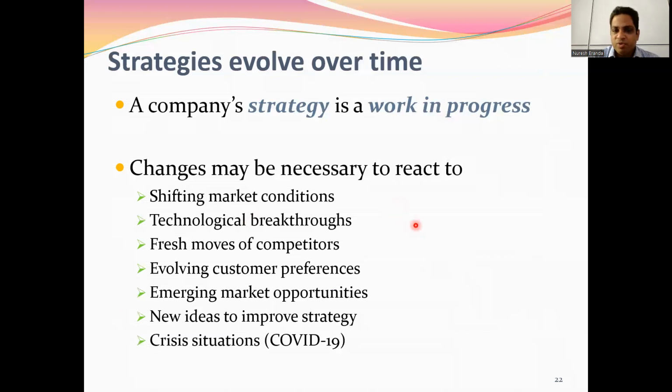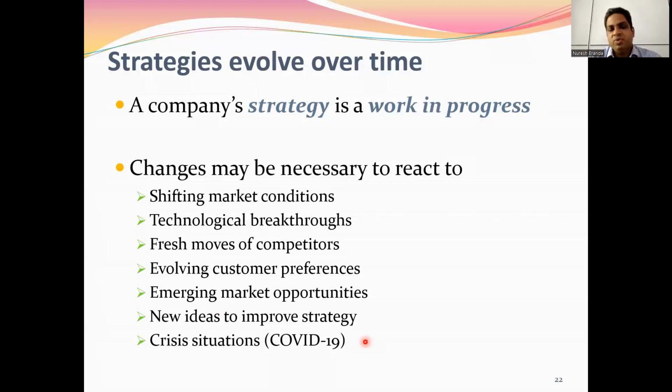And then fresh moves of your competitors, so they come up with a lot of new products, new services, and evolving customer preferences are there, right? Customer requirements are changing. The needs are basically changing. So then emerging market opportunities are there, new ideas to improve strategies are there, and crisis situations are happening.